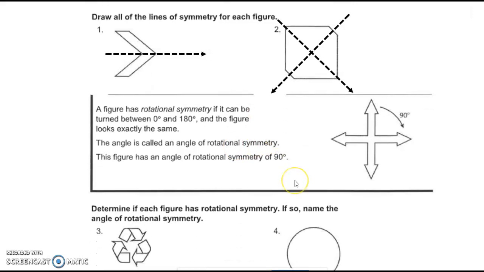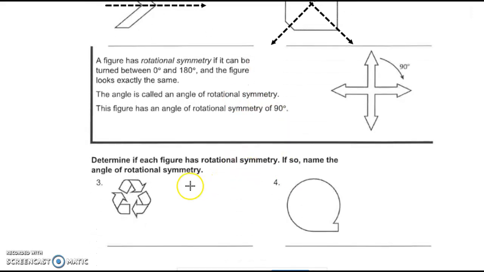Rotational symmetry is when your center of rotation, or the point you're rotating about, is within the figure. We have rotated figures about a point that's away from the figure, right? Rotational symmetry means we can find the center of our figure.